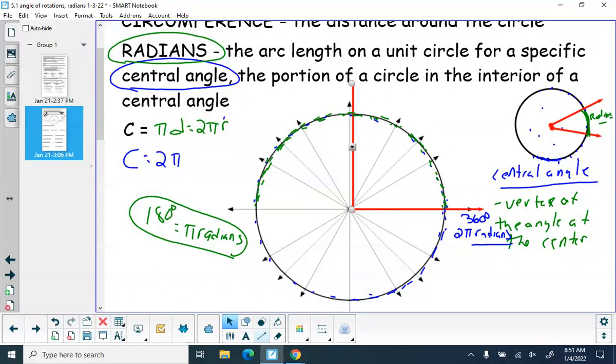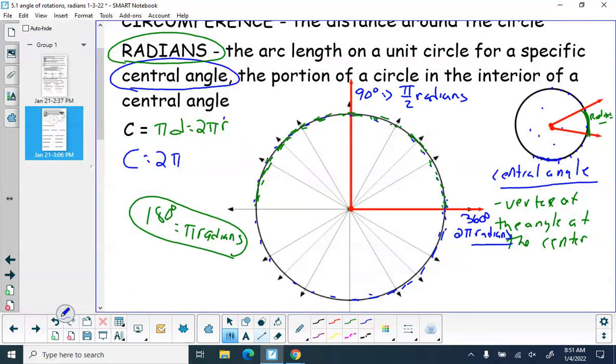So if I go 180 degrees, this is also the same as pi radians. If we only rotate up to here, which gives us 90 degrees, how many radians would be 90 degrees? 1/2 pi, or pi over 2 radians.